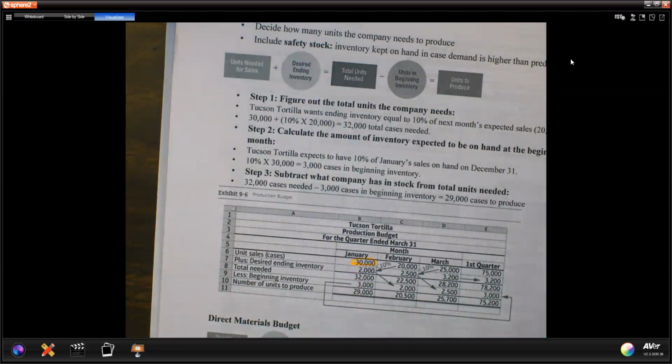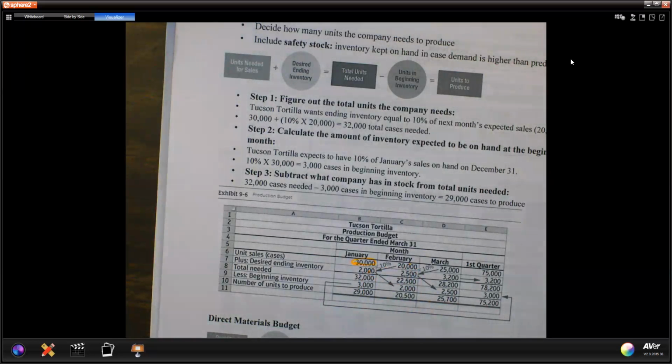Your ending inventory is 10%, 20%, 15%, you have to read the question. But some percent of your next month's sales will be your ending inventory. For this question, 10% of your next month's sales will be your ending inventory of this month.